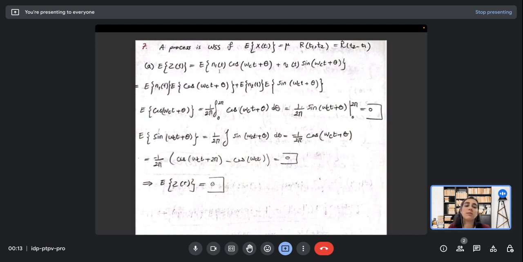If we substitute the ranges into our formula, we will come to 0. And we should now calculate the expected value of sine, and we know that the integral of sine is minus cosine, and again by substituting 2 pi and 0 we will get 0. So the expected value for z of t is 0.